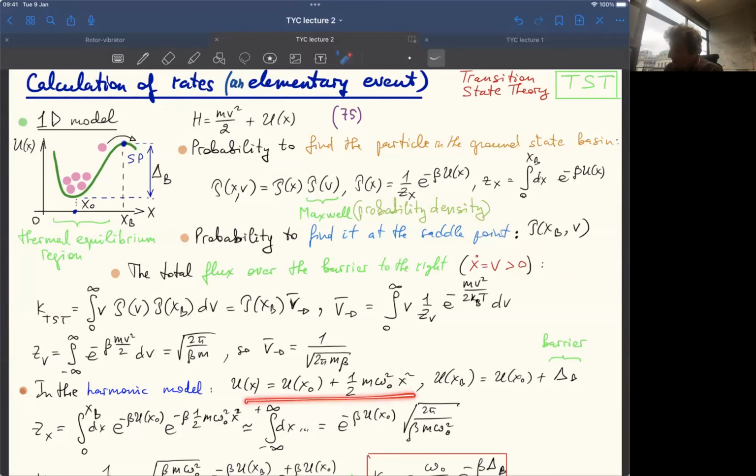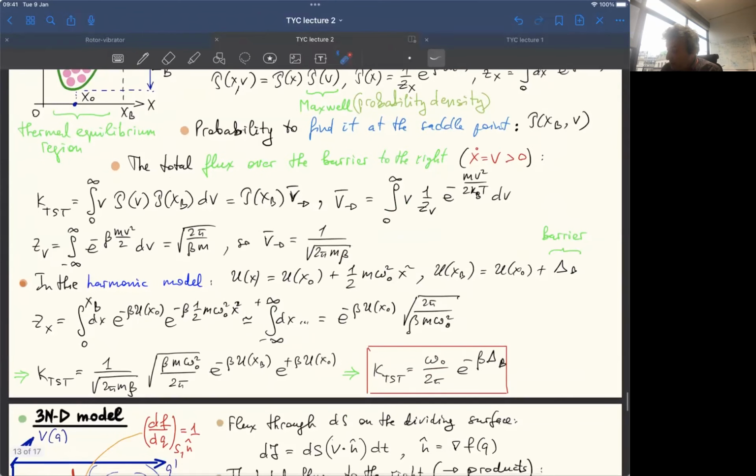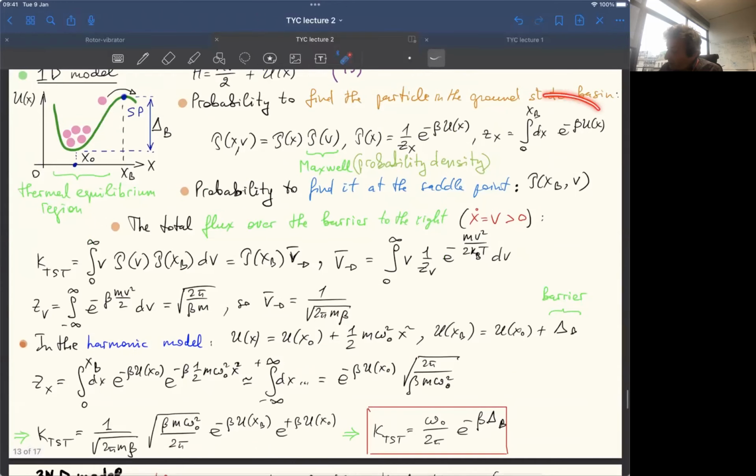So I can estimate it as a sum of the energy at the minimum plus some quadratic term with that frequency omega naught. And then I can use this expression to perform the calculation of the partition function, which I still need for that probability P at the transition point.